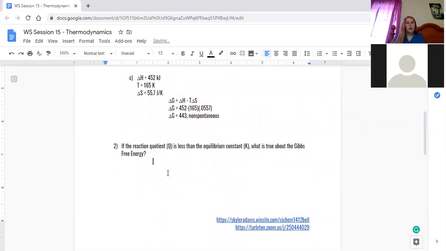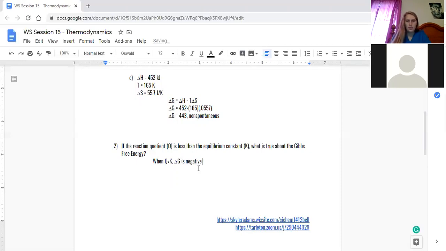If the reaction quotient Q is less than the equilibrium constant K, what is true about the Gibbs free energy? So what it's saying here is when Q is greater than K, delta G is negative.